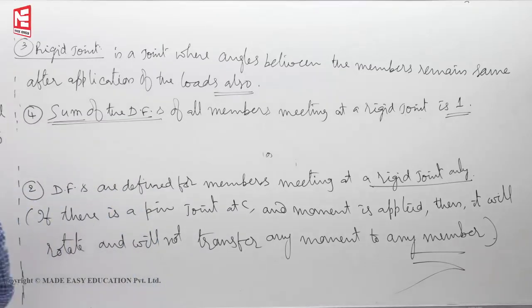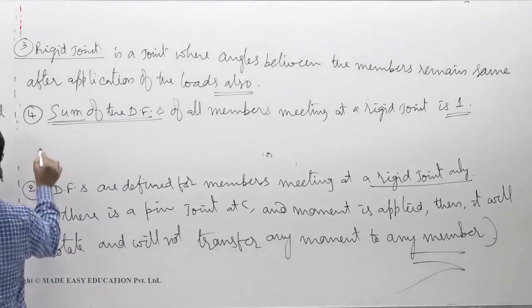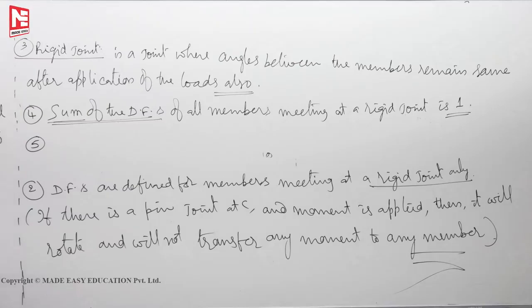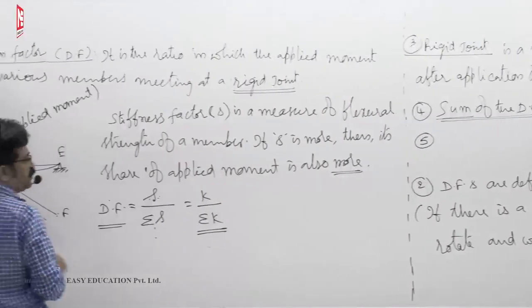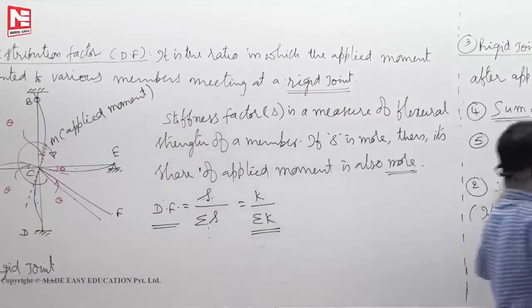Next, fifth point is this one. If at all the far end is free, if stiffness factor is 0, distribution factor is also 0. That's the fifth point.